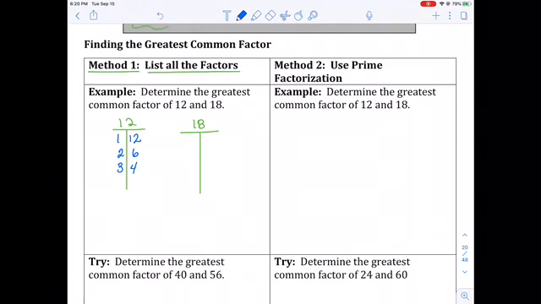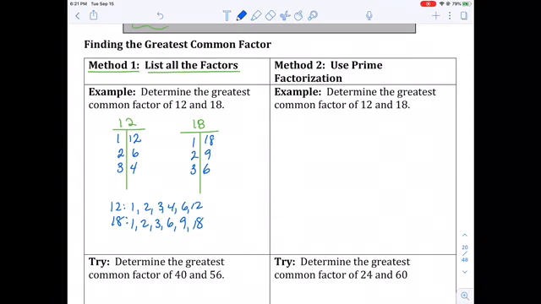Some of you may have just listed those: 1, 2, 3, 4, 6, and 12. Factors of 18: 1, 2, 3, 6, 9, and 18. Or you can go 1 times 18, because 1 times anything, 2 times 9, because it's even, and 3 times 6, because 3 times 6 is equal to 18.